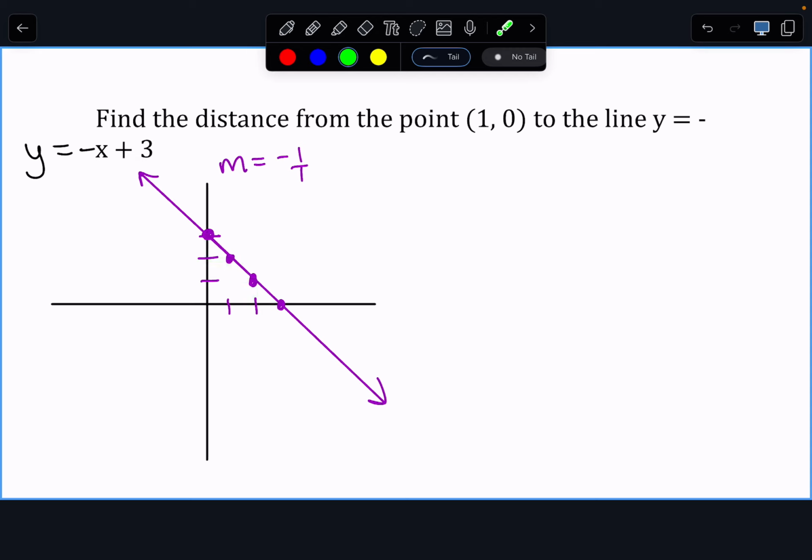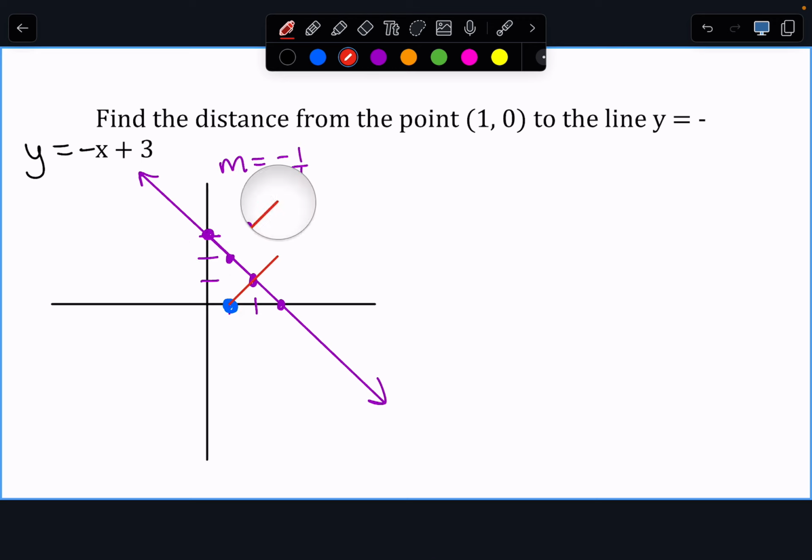Okay, now here is our point in question, (1, 0). Now when I'm talking about distance, am I going to find the distance from here to the purple line here? No. Or here, or here, or here, or here?